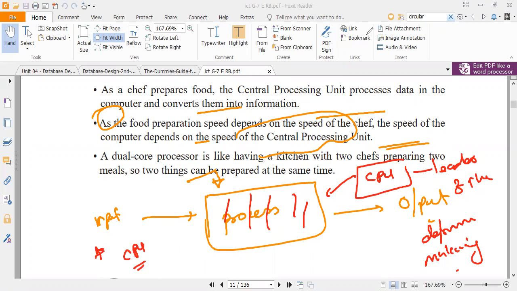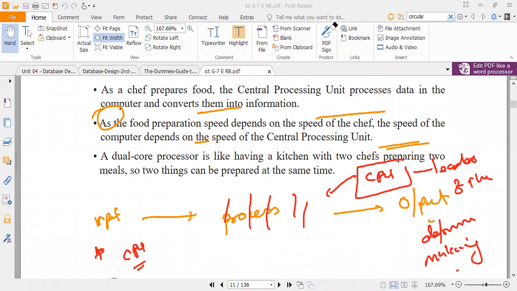Then another case these days we can see is the dual core processor. A dual core processor is simply two systems, two CPUs in a processor, right?